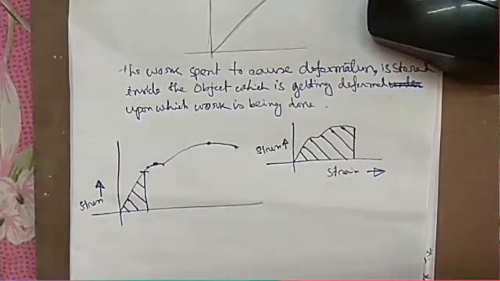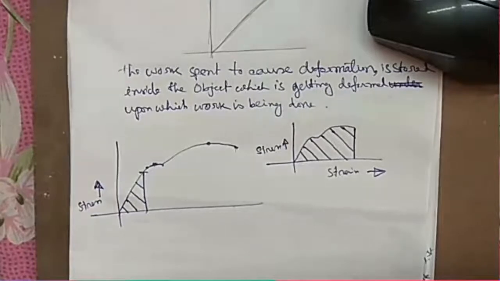In this region the applied or spent work will be equal to the stored energy. Now this stored energy at any level up to the elastic limit will be called resilience.